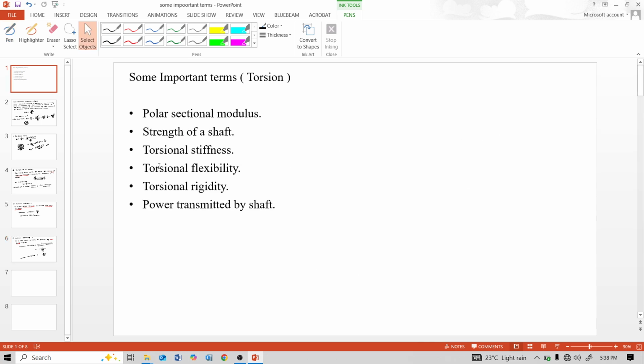Next term is torsional rigidity. Torsional rigidity, denoted as capital K, is the product of modulus of rigidity and polar moment of inertia. These are all technical terms related to chapter 3 torsion.